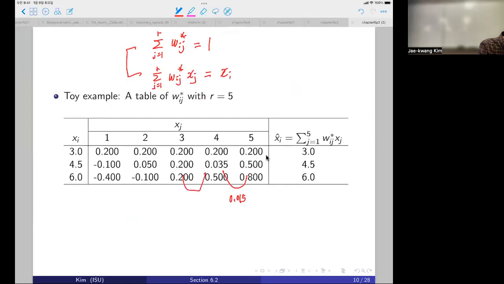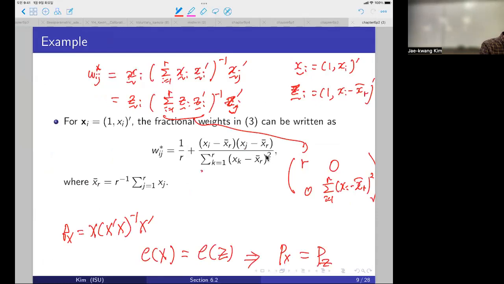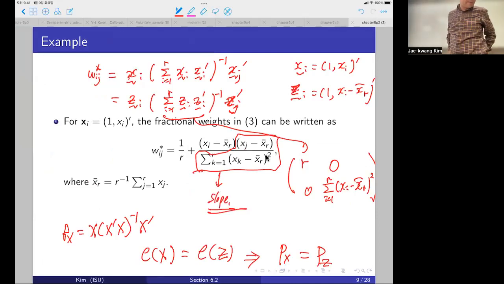So you have 0.015, 0.015, right? You just add them, keep adding. Because this is essentially your slope. Actually, the other one, sorry. This one.